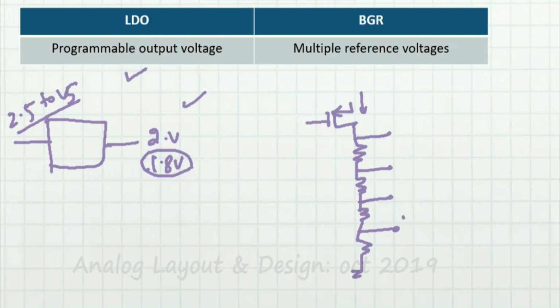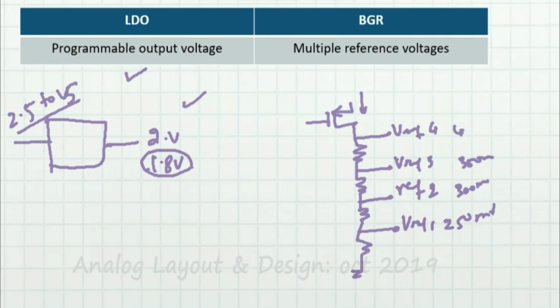So you will have VREF1, VREF2, VREF3, VREF4. So this could be like 250 millivolt, 300 millivolt, 350 millivolt, 400 millivolt. I just gave an example, that's all. So it can also give multiple reference voltages.